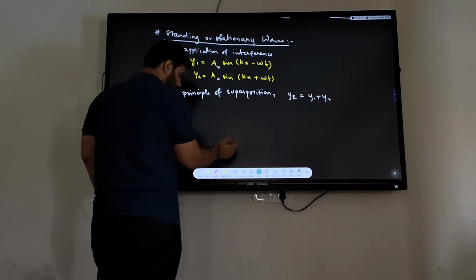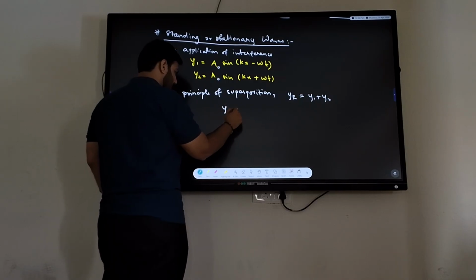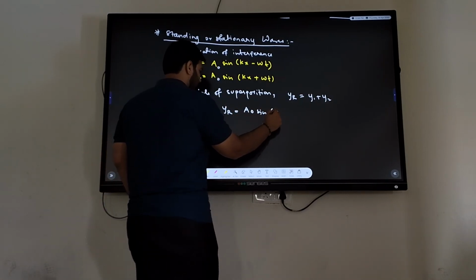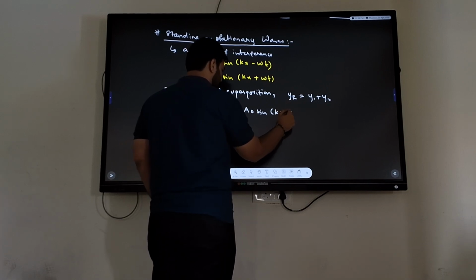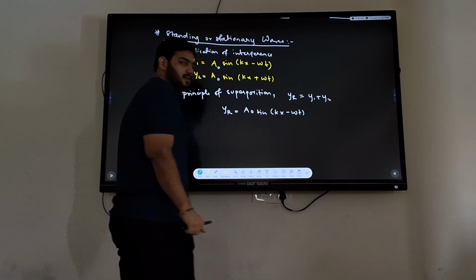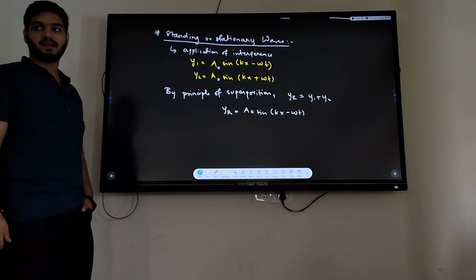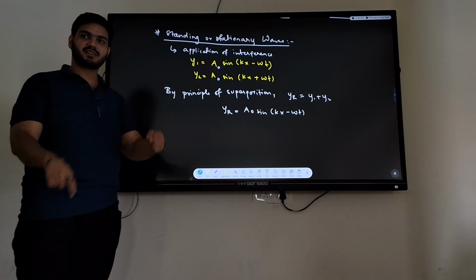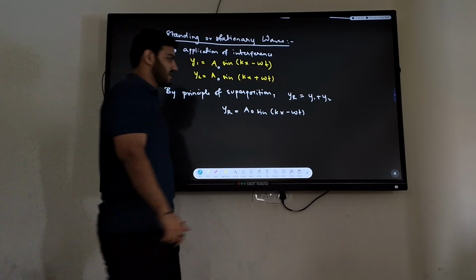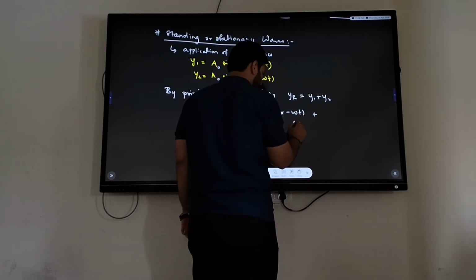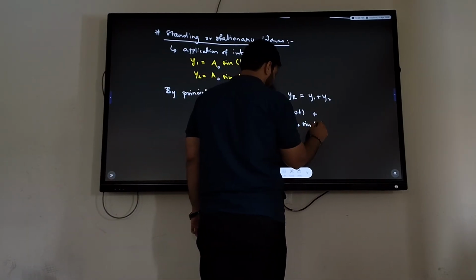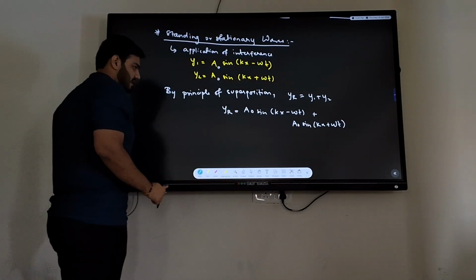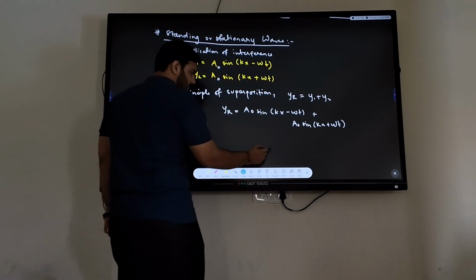Then what is yr here? It is A0 sine kx minus omega t, plus A0 sine kx plus omega t. We will try to understand why it is called a stationary wave or standing wave later. First, let me just take two waves in opposite directions and see what happens. Then I can take this A naught common.